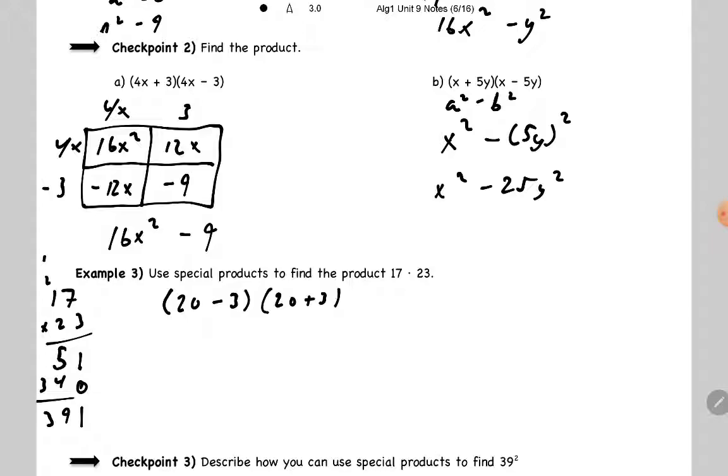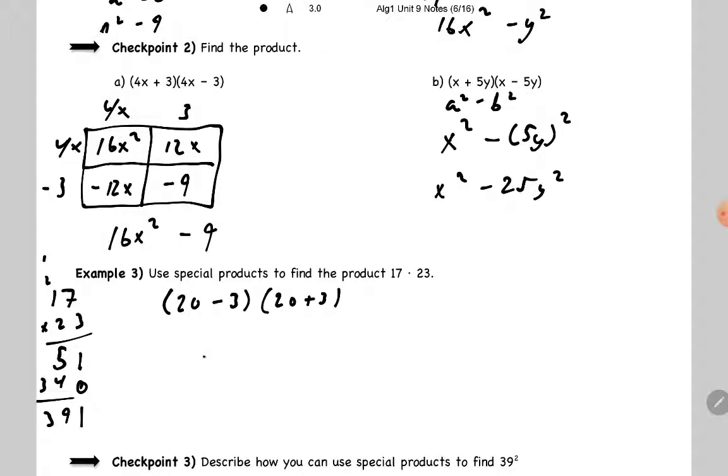It's hard to notice, but this is just one way of trying to figure out 17 times 23 without writing it all out. This could be a quicker way to do it in your head. 17 is the same thing as 20 minus 3. 23 is the same thing as 20 plus 3.